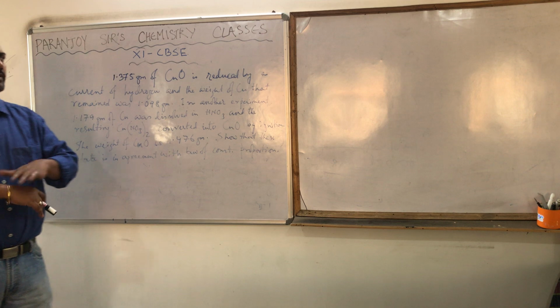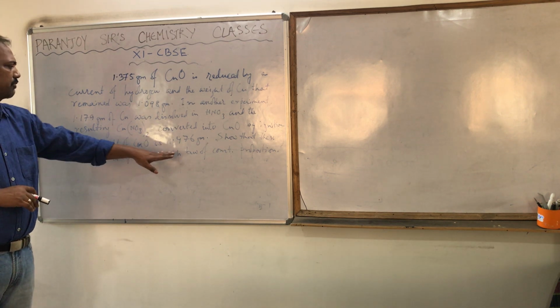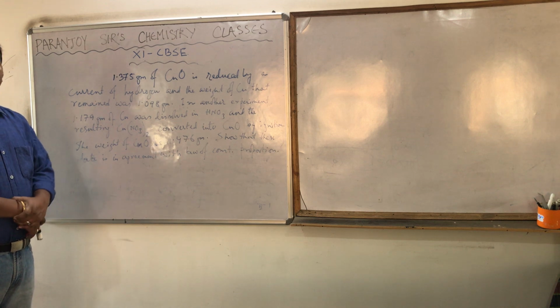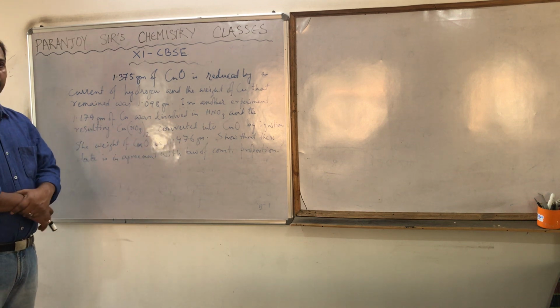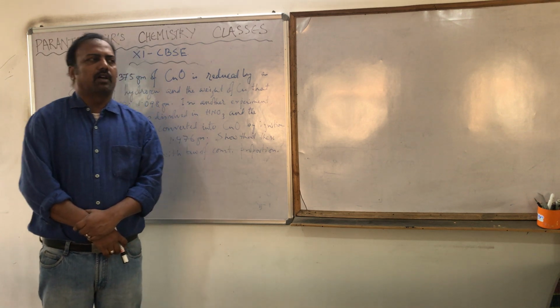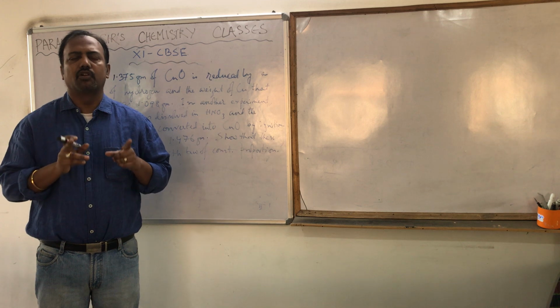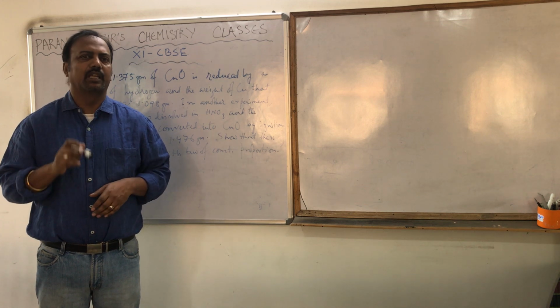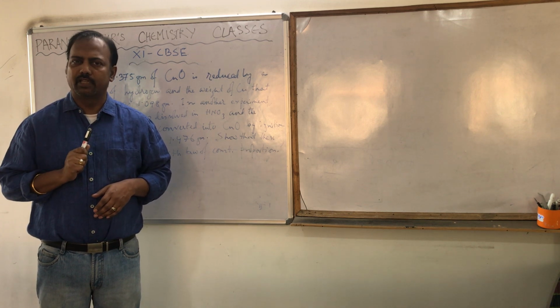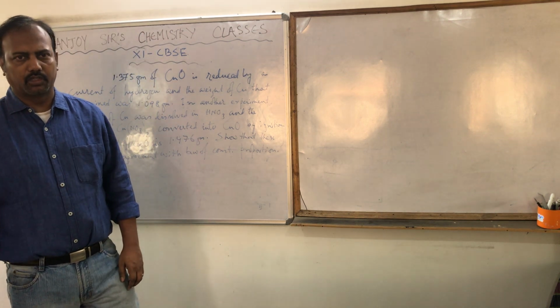Which compound are they talking of? And obviously this question is related to the law of constant proportion. What does this law say? That whenever we form a compound by different methods, the ratio of the elements present in it will be the same, right? So first of all, we must understand what compound we are talking of.